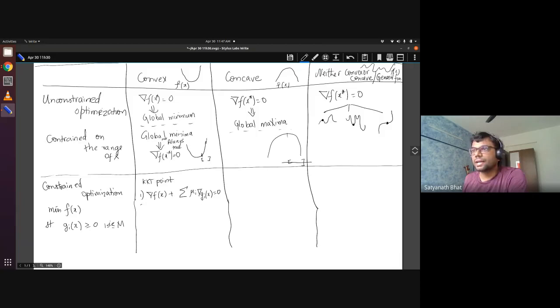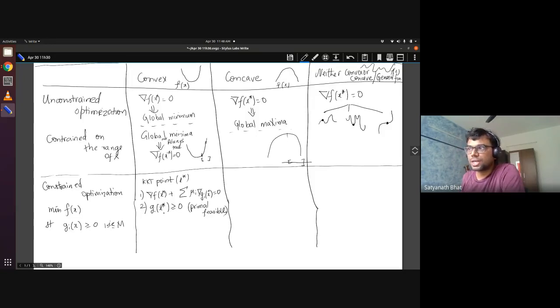Then the second condition. A KKT point is defined for some point x star which satisfies these four conditions. Gradient f of x star equals this, which we have seen. Then g_i of x star should be greater than or equal to 0. This means the point is primal feasible, which means it lies in this set.